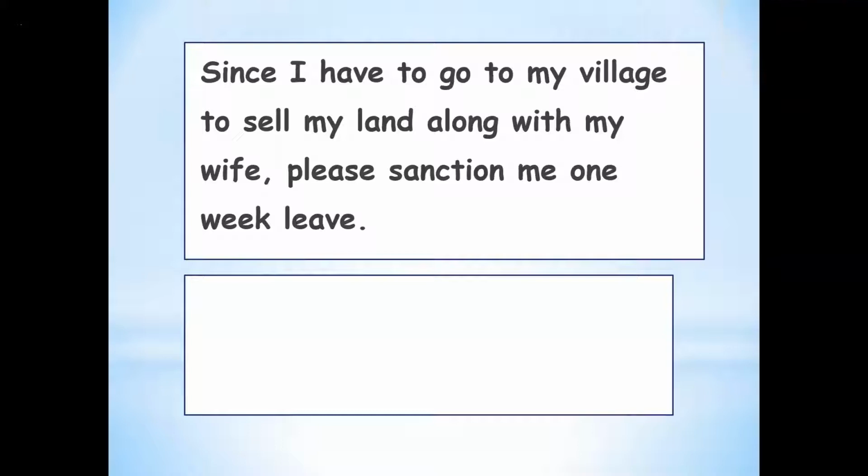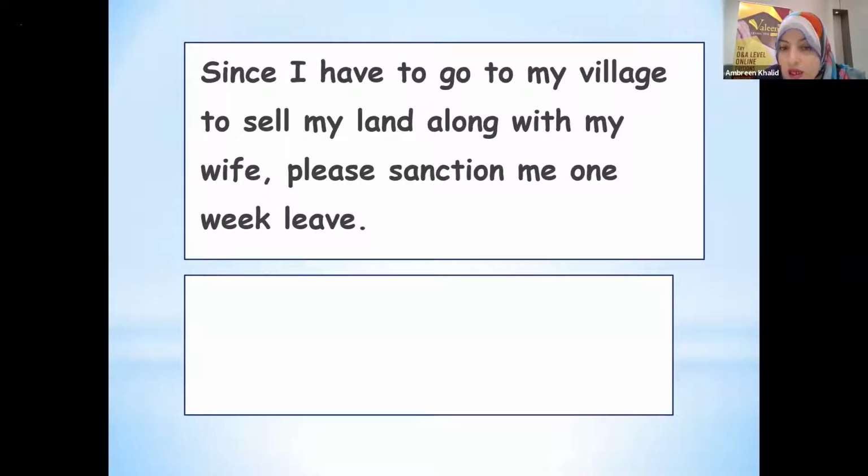We can also write grant. We can write allow, we can write sanction. They are all for taking permission. But instead of one, we should write a. So this should be: since, comma, I have to go to my village to sell my land, comma, along with my wife. Please sanction me, please sanction a week's leave to me.